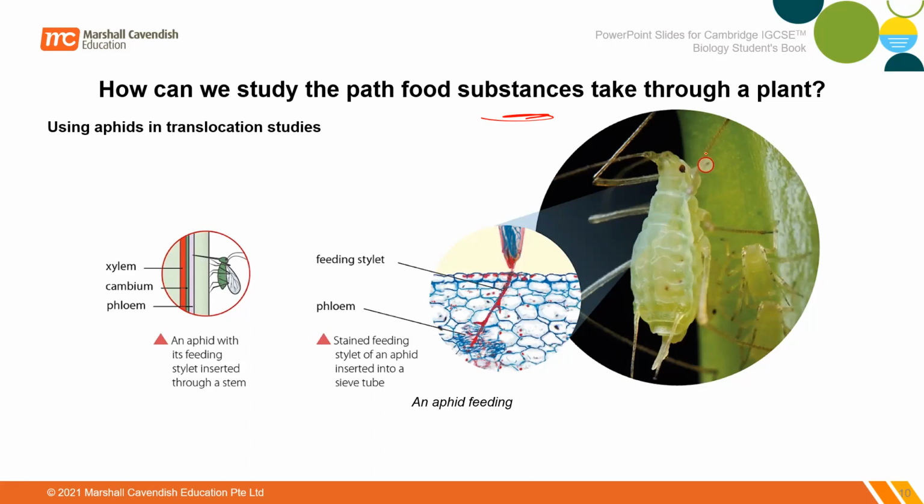When the needle-like feeding structure reaches the phloem, we will definitely detect the phloem tissue and how it transports sucrose, which is then stored in the form of starch in the plant. So by this method, we can definitely study something called translocation.